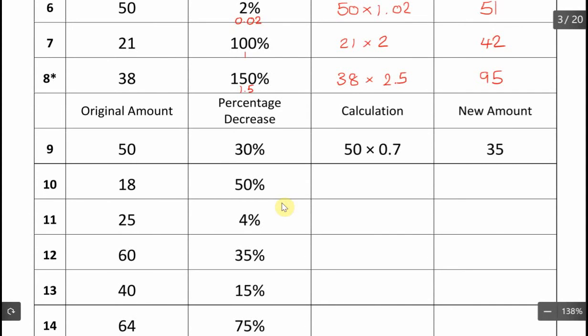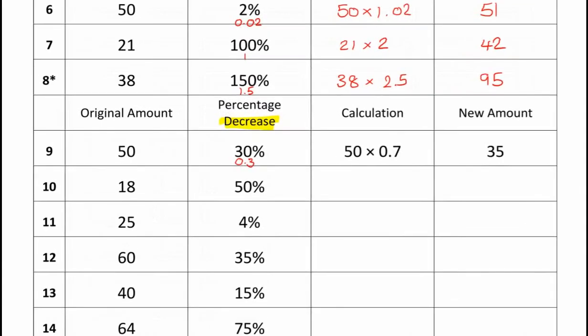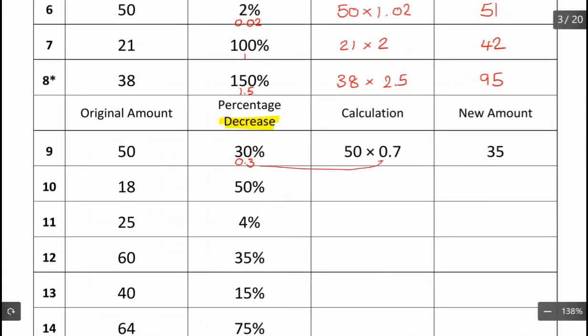Okay, number 9. Now, make sure you notice that we are decreasing this time, so slightly different. What we're going to do is take away this number as a decimal, so that would be 0.3. We're going to take that away from 1 to get this number here. Okay, so for number 10, if we take away 0.5 from 1, we're still left with 0.5.